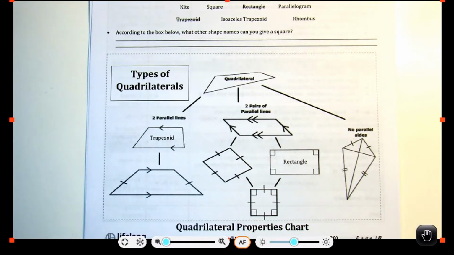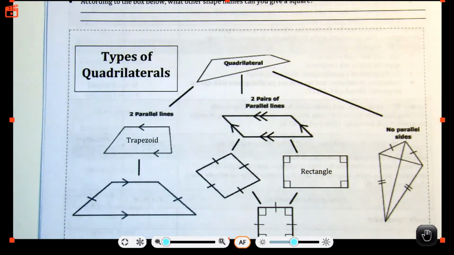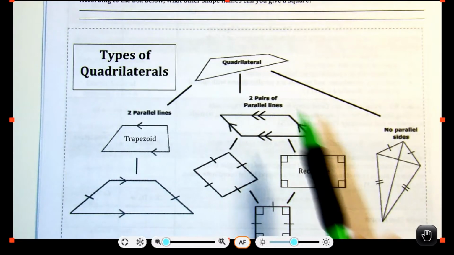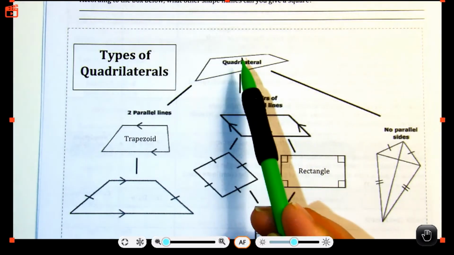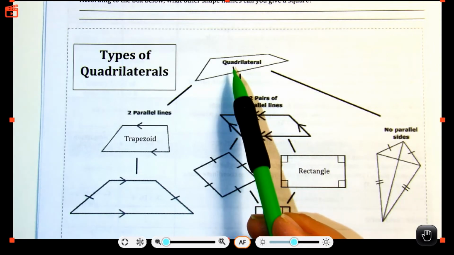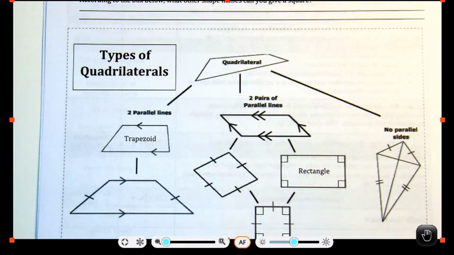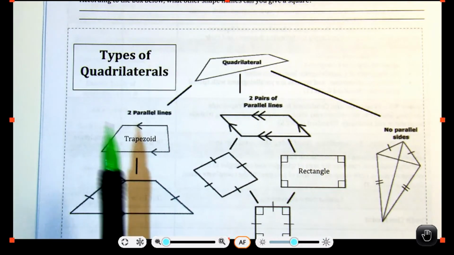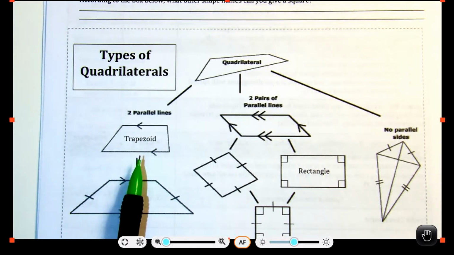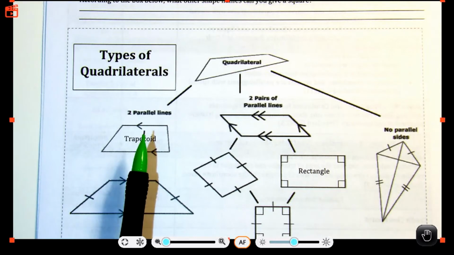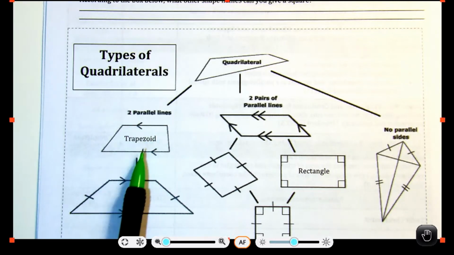This diagram pretty much sums up everything that we're going to be learning in this lesson. This entire credit talks about quadrilaterals. A quadrilateral is a four-sided shape. Now there are different types of quadrilaterals. There are trapezoids, and a trapezoid has two parallel lines, so top and bottom are parallel lines.